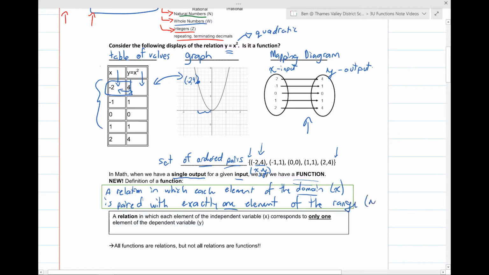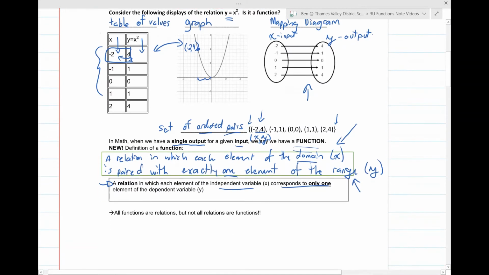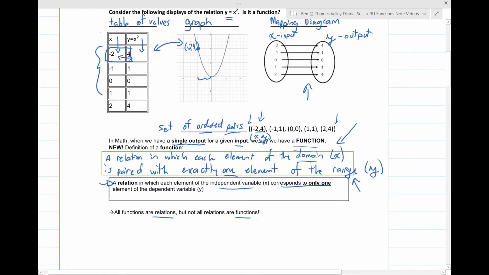And the range is y. Now a function is a relation in which each element of the independent variable x, those make up your domain, corresponds to only one element of the dependent variable. That's your range here. Note that all functions are relations, but not all relations are functions. That means that a function is a type of relation. Okay, so that's how we're going to work.